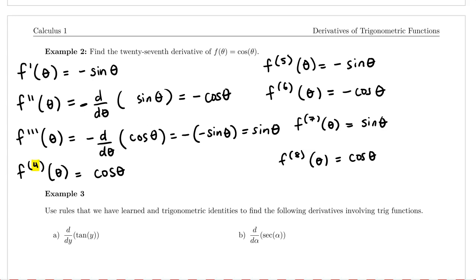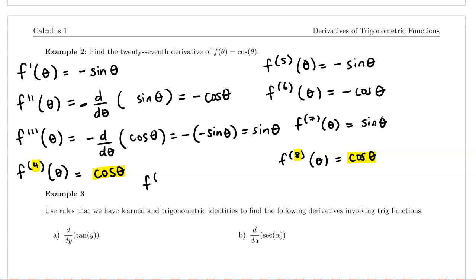If you look at the fourth derivative, that's equal to cosine of theta. If you look at the eighth derivative, that's also equal to cosine of theta. So if I were looking at patterns, it appears that multiples of 4 in terms of the derivative is what is giving us cosine of theta.